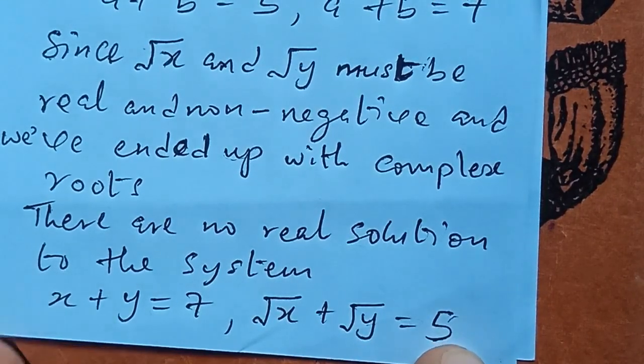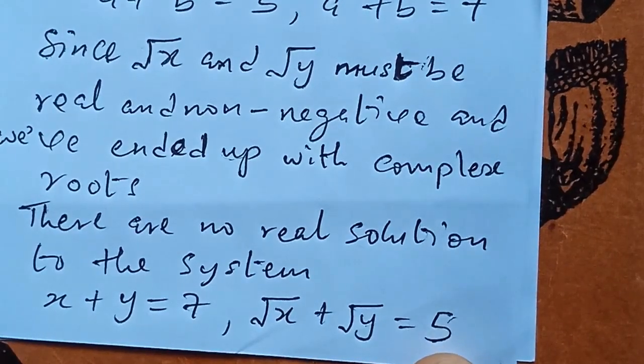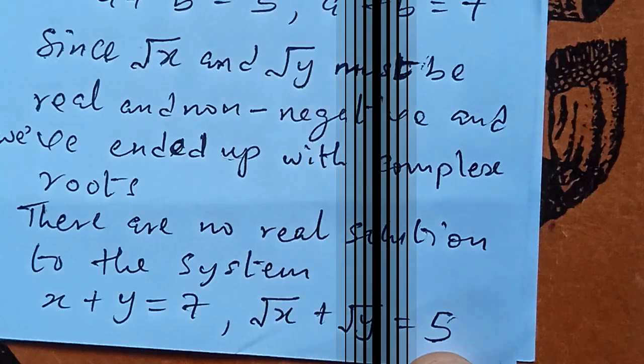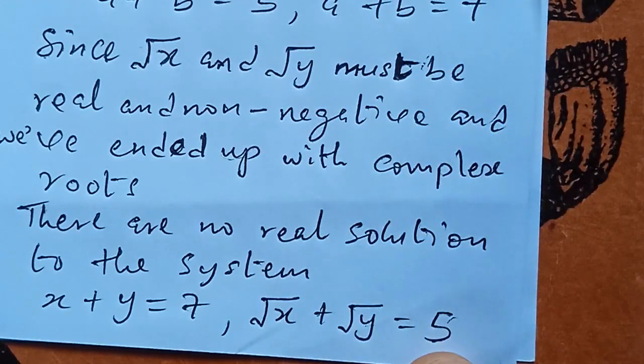The real reason is that the substitution leads to a quadratic with no real root, indicating that square root of x and square root of y would have to be complex numbers, which is not allowed for real numbers x and y under the roots. So we conclude finally that there is no real solution.